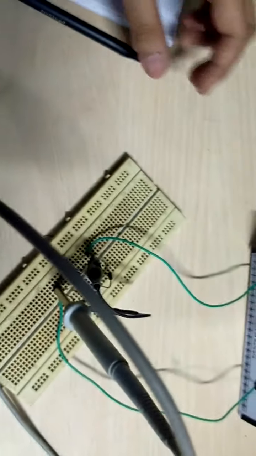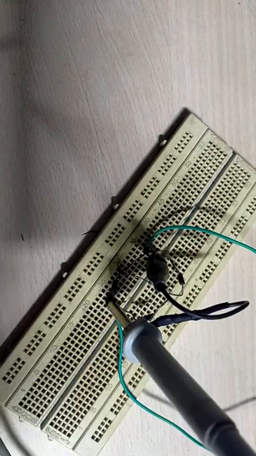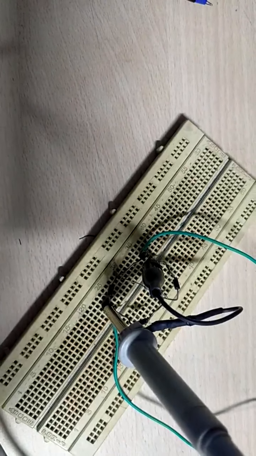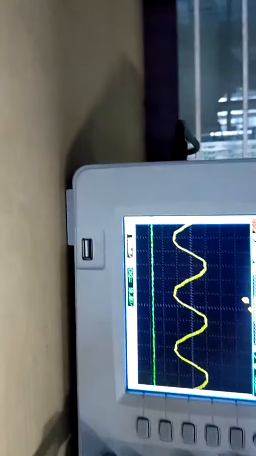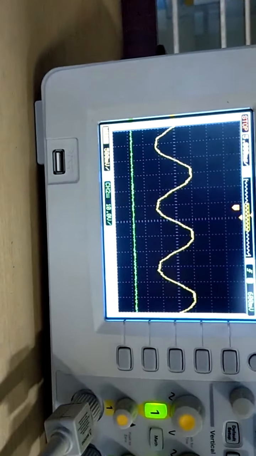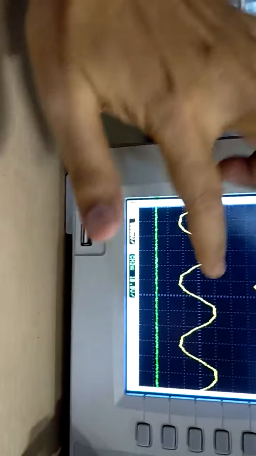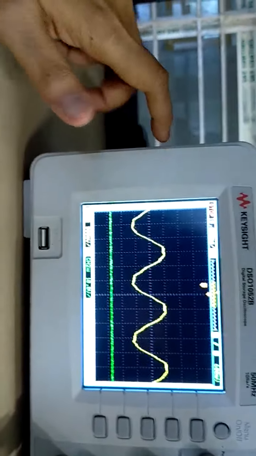The input signal is a sinusoidal signal. So first of all, we will show you that. Now see, we have connected the probe on the input side, and from this display we can see the input signal. So this is the input sinusoidal signal.